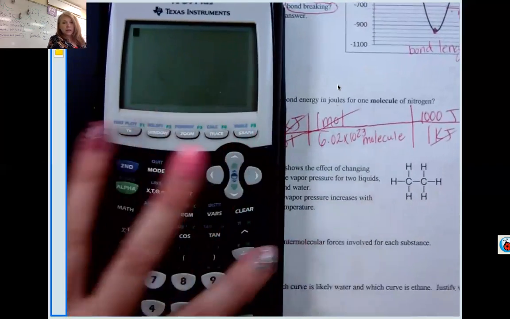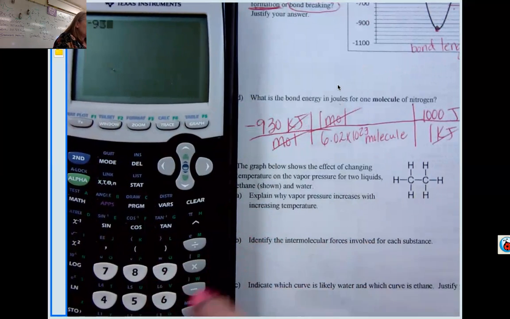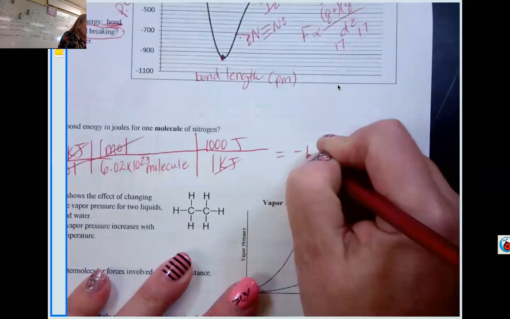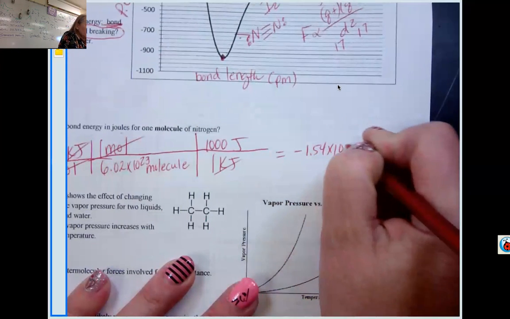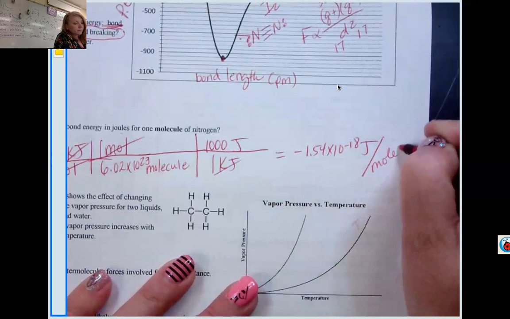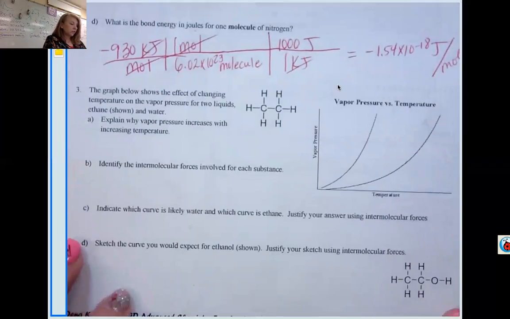I need to take my negative 930 divided by 6.02 to the 23rd power times 1,000. And I got negative 1.54 times 10 to the negative 18th, and that would be in joules per molecule. All right, pay attention to what it says on your graphs. Read your information and read your units.